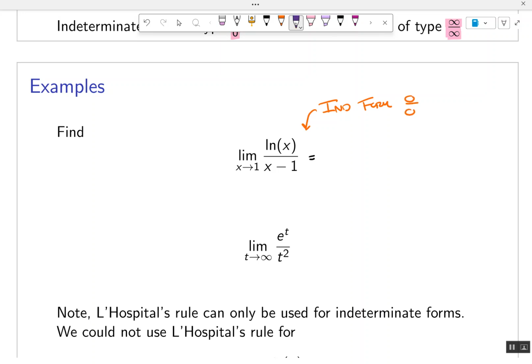That means we are able to apply L'Hôpital's rule. And now we just find the quotient of the derivatives. So on top we have 1 over x. On the bottom we have 1. So we have 1 over x. And now we can just substitute x equals 1, and we get 1.